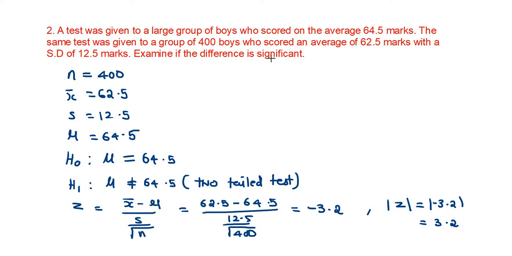Here the level of significance is not mentioned, so we will take 5% level of significance. So at 5% level of significance for two-tailed test, the table value is 1.96.